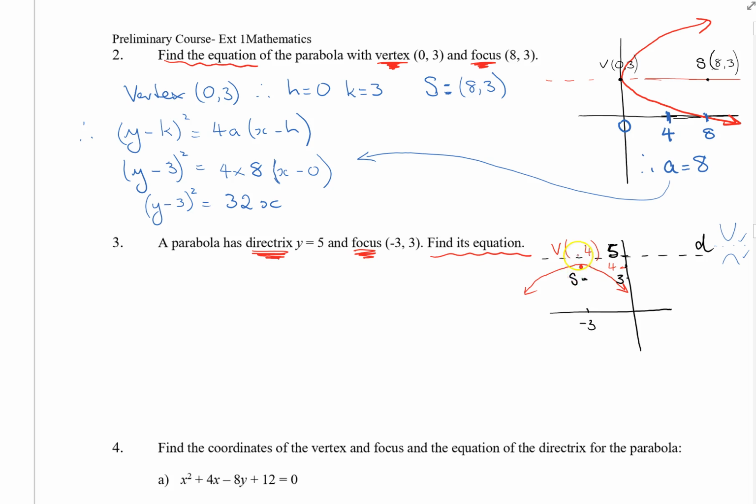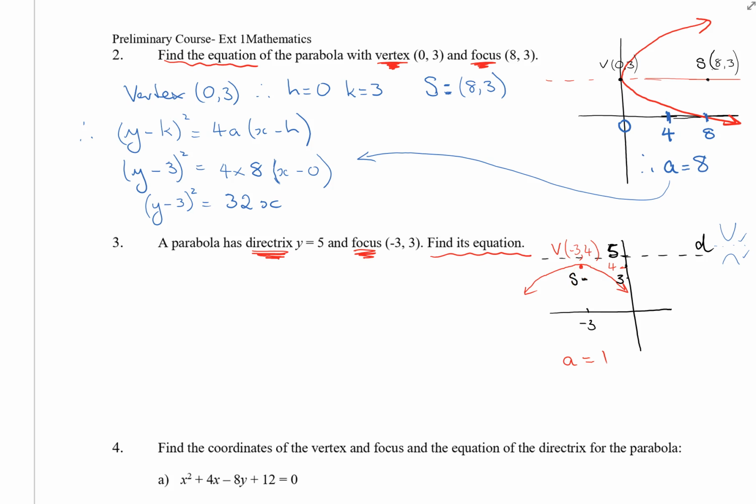Now that's the y value, and the x value of the vertex will be the same as the x value of the focus, which is -3. So from the diagram this time, I was able to get my vertex, and I'm also able to get the value of a. A, in this case, the focal length, the length from the vertex to the focus, is 1.